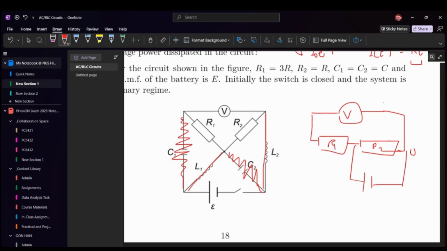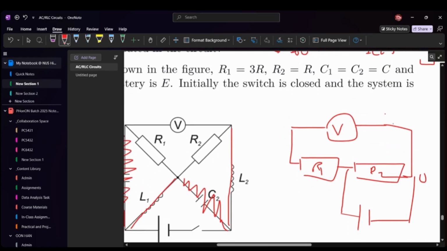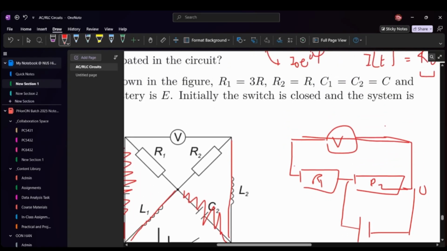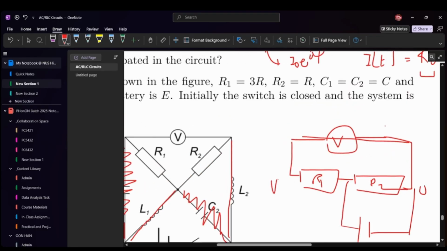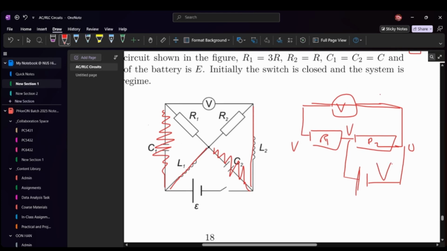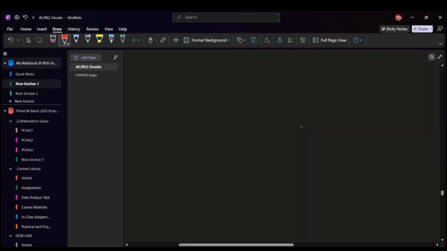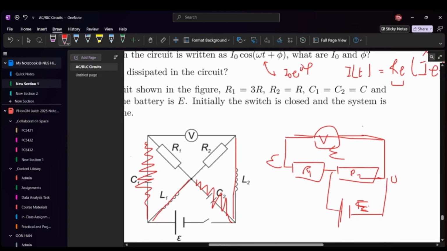Basically this voltmeter has infinite resistance, so the voltage is going to look something like this if we label the voltages. There's no current flowing through here, so it's like this. So then your voltage difference is basically just your EMF E lah. Sorry, I'm drawing it wrong. This EMF like this. So it basically looks like that lah. And I'm going to use E like this.